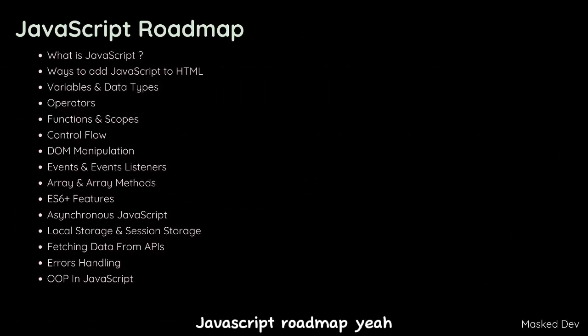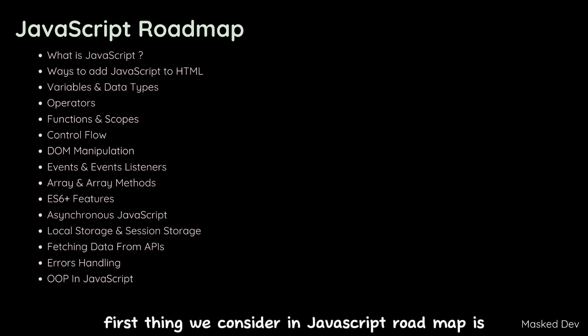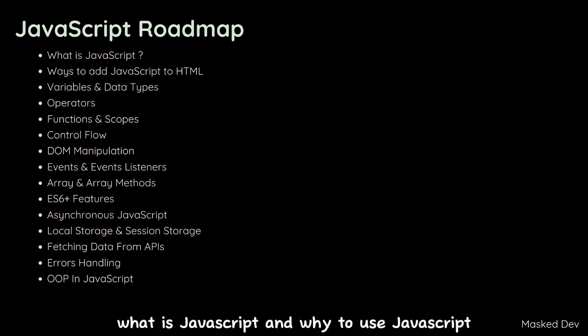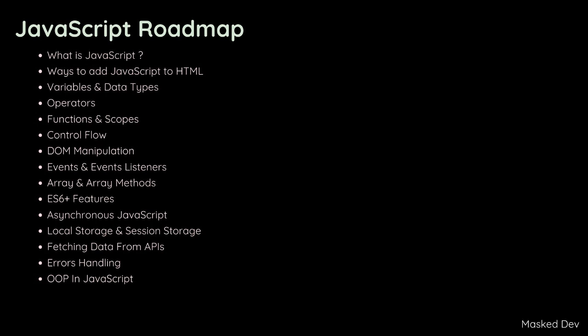JavaScript roadmap here. The first thing we're considering in the JavaScript roadmap is what JavaScript is and why to use JavaScript. Second, ways to add JavaScript to HTML. We also have that in CSS, ways to add it to HTML. Here also we have the ways to add JavaScript to HTML.